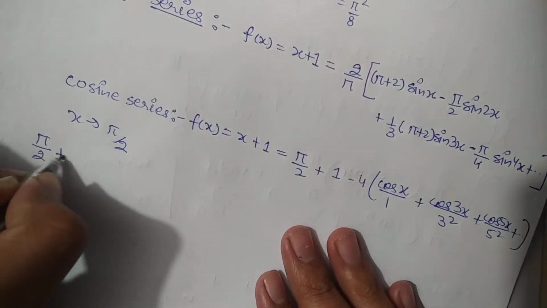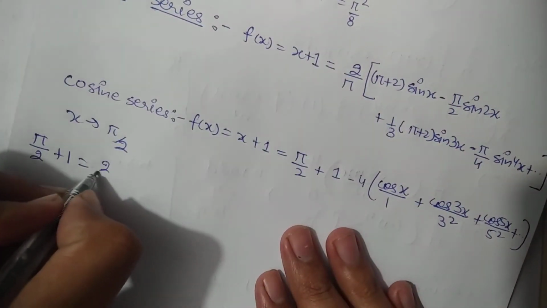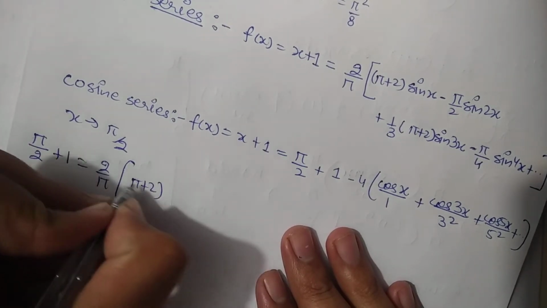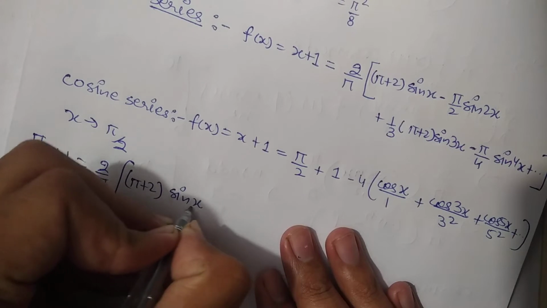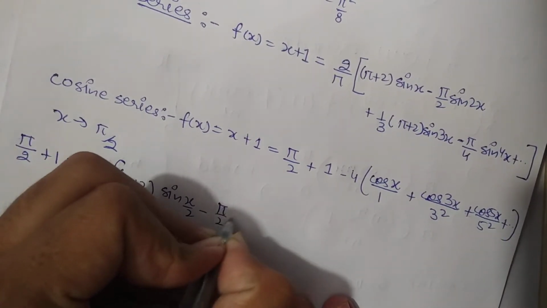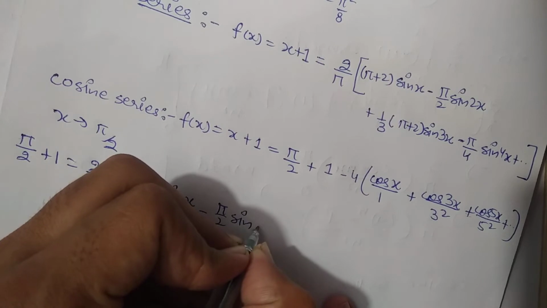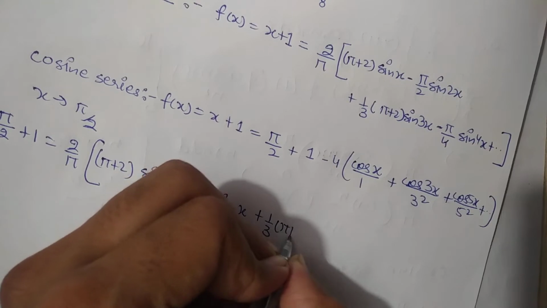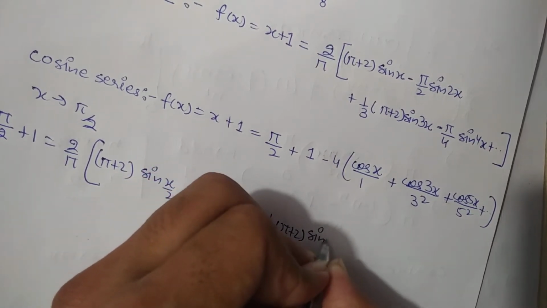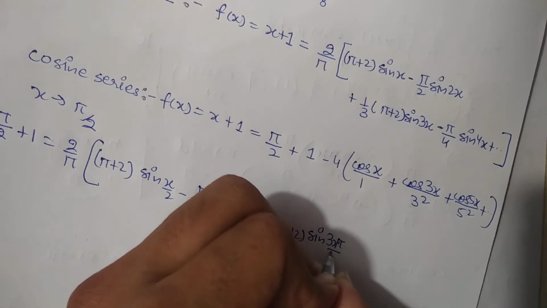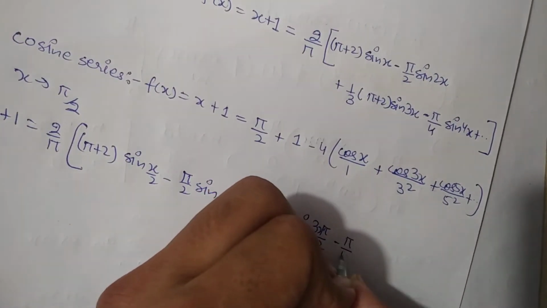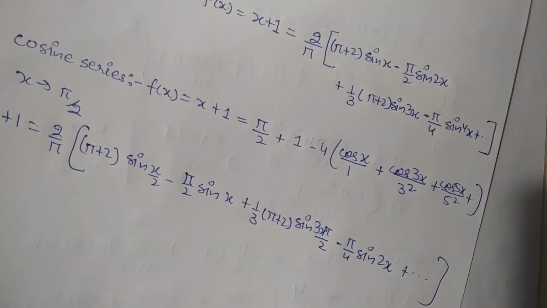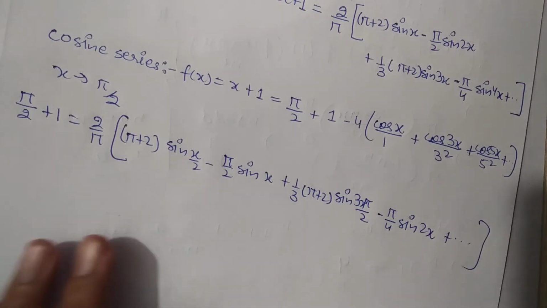Pi by 2 plus 1 equals 2 by pi, bracket start, pi by 2 sine x by 2 minus pi by 2 sine x, sine 2x by 2 will be sine x only, plus 1 by 3 into pi plus 2 sine 3x, or 3 pi by 2, minus pi by 4 sine 2x, up to infinity.